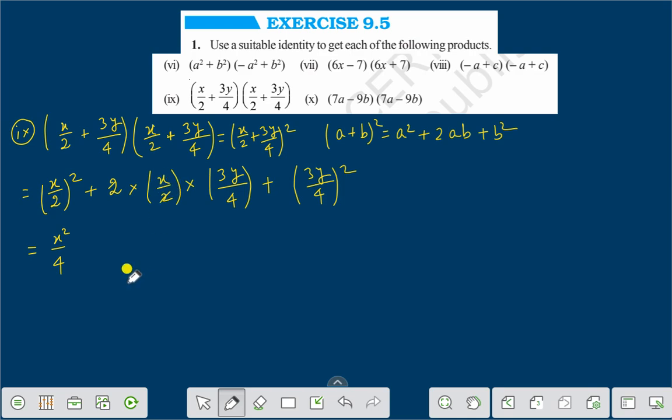Therefore we are getting 3 by 4 xy plus 3 by 4 xy plus 9 by 16 y square. This is the answer of question number 9: x square by 4 plus 3xy by 4 plus 9 by 16 y square.